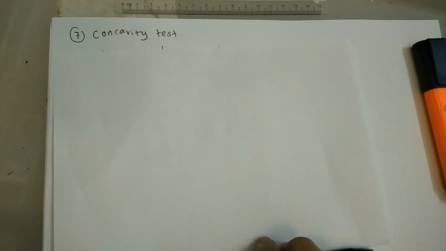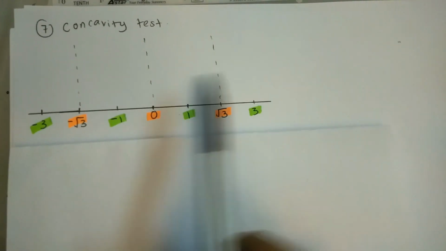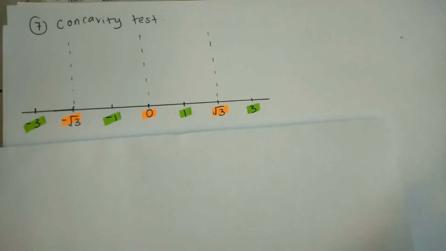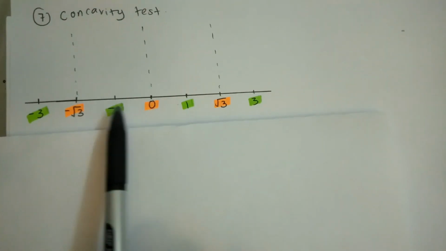Okay, next we're using the concavity test. We will use the same method as before, where we use the number line so it's easy to figure out. The orange highlighter is the inflection point from before, and the green highlighter is the test point we will use to find the concavity, which means whether it's upward or downward.